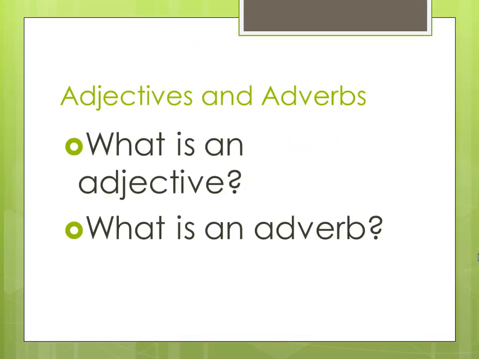All right, adjectives and adverbs. One big part of writing and speaking is using adjectives and adverbs. So thinking about what is an adjective and what is an adverb. Anyone know what an adjective is? All right, when it comes to an adjective, of course, yes, they describe a person, place, thing.